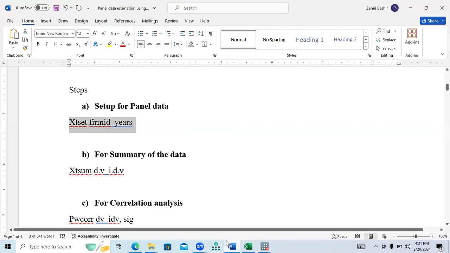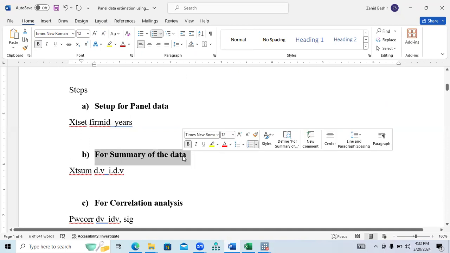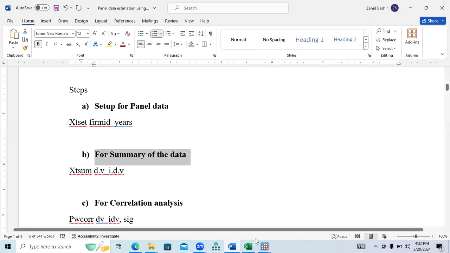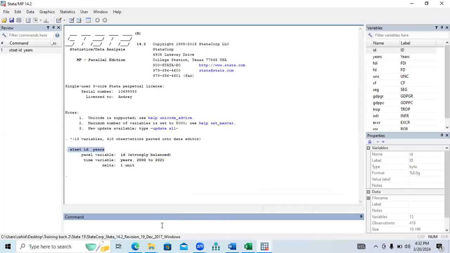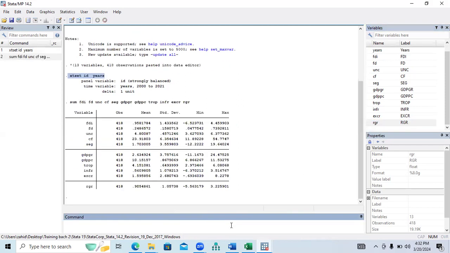The next thing that we need to do is check the summary statistics of our data. Usually the sum command is used to check the summary of your variable: what is the minimum value, what is the maximum value, what is the standard deviation, etc. You can simply enter it and see it like this.